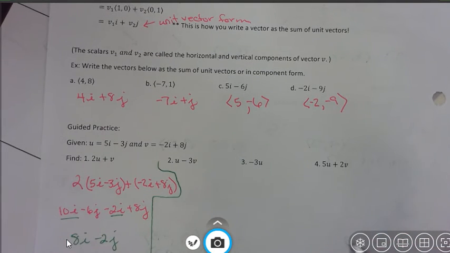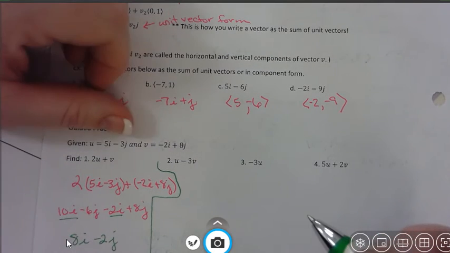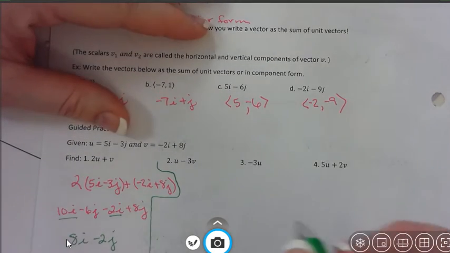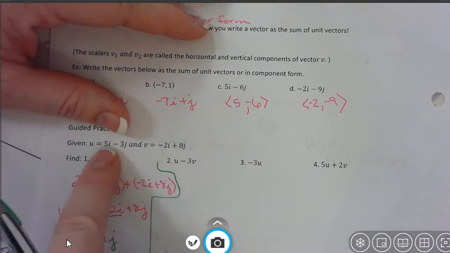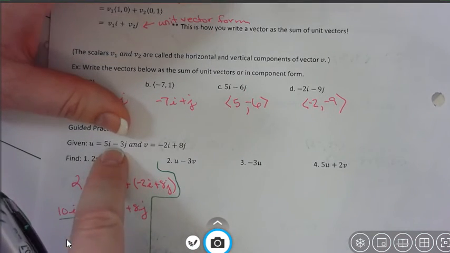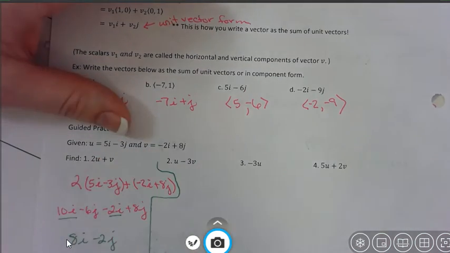Somebody told me, they said, Miss Butel, I changed these to component form. Is that okay? The answer is sure, but if the answers are given to you in unit vector form, then it needs to end there.